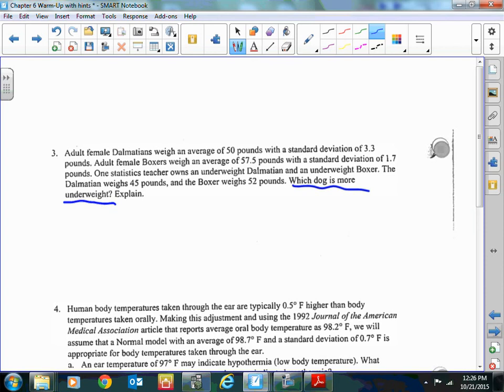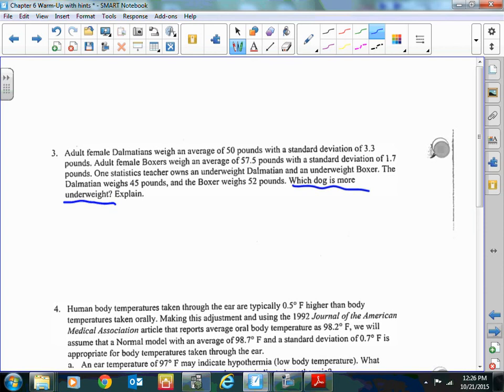So how can I compare Dalmatians to boxers if they're two totally different breeds? Standard deviation says it. How can I compare two different things? Standardize them by making them z-scores.